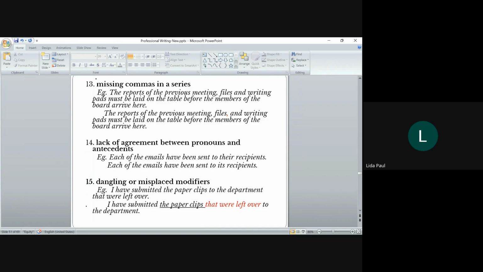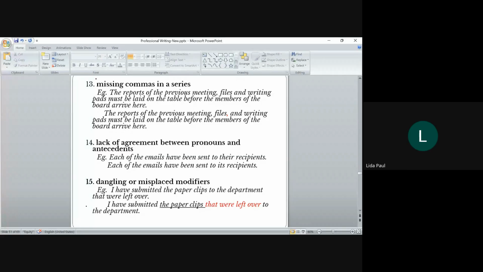Look at the sentence. Each of the emails have been sent to their recipients. So what is the pronoun here in the first sentence? Each of the emails have been sent to their recipients. Which is the pronoun here? Their, right? That is your pronoun. What is your antecedent? What is it referring to?